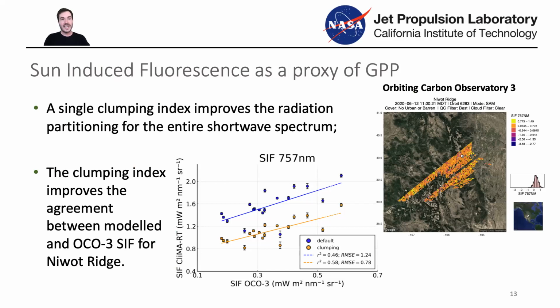And what we can see is that when we add the clumping index from MODIS for Nile Ridge, we improve the agreement between model SIF and measured SIF from OCO-3. This is exciting because it indicates that for a correct derivation of SIF, we might have to include information about the canopy structure as well.